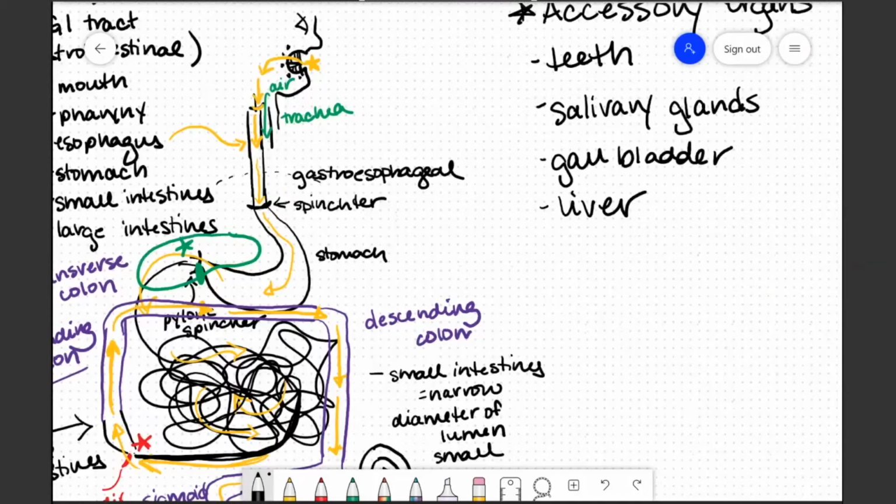And then another accessory organ you're going to have is your pancreas. So we've already talked about pancreas when it came to the endocrine system, because it was really involved with producing and releasing hormones that had to do with regulating blood sugar, glucose, glucagon, all of those things. But it's also an accessory organ in the digestive system, because those enzymes are released and they help break down our food stuff. So your pancreas is also a part of this system.